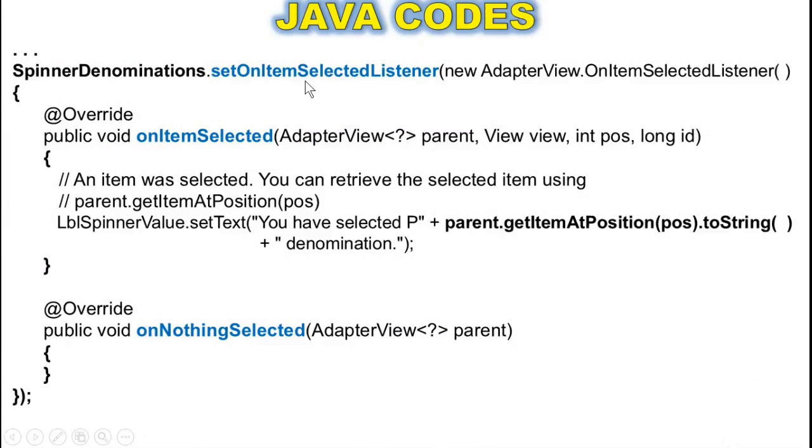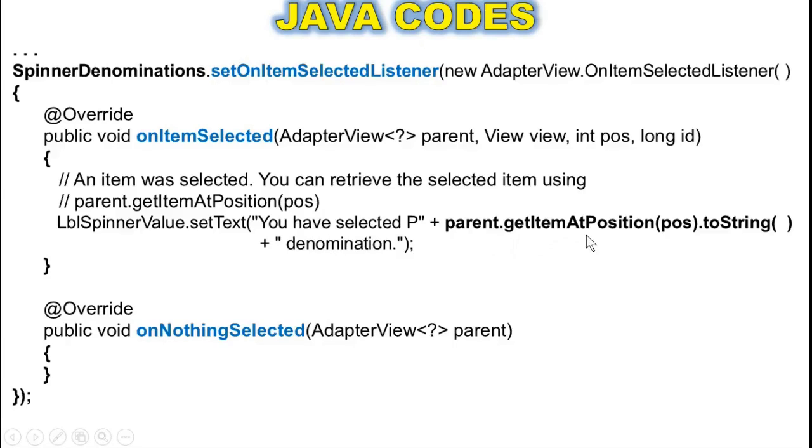The setOnItemSelectedListener event handler of the spinner is where we bind code to determine the item selected. This command line, lblSpinnerValue.setText, "You have selected" plus string concatenator, parent.getItemAtPosition(pos).toString(), will retrieve the selected item from the spinner.